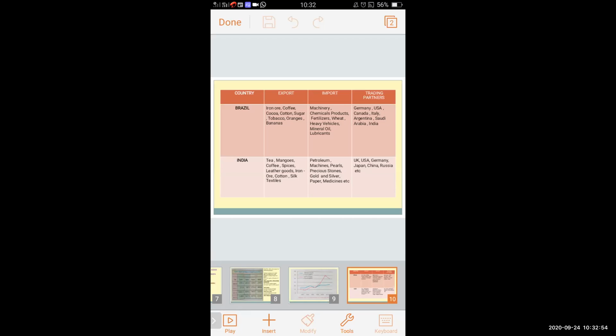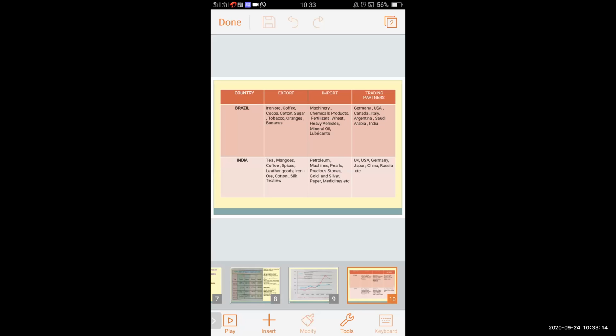So in both the trading partner lists, we can see Germany is common to Brazil and India. USA is also common to Brazil and India. Germany and USA are the trading partners common to both countries.